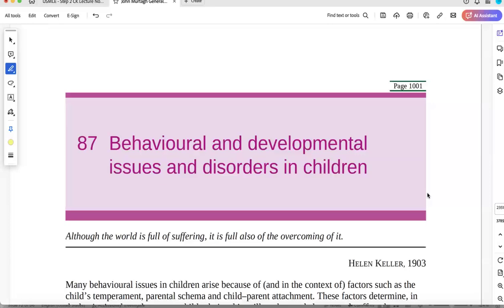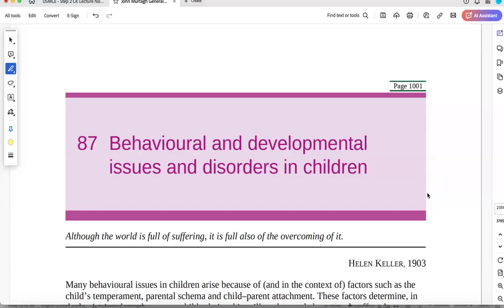Then we have Roseola infantum. Roseola infantum comes with a sudden high fever, 40 degrees Celsius. The fever subsides and then the rash appears. What else do we have? Scarlet fever: sore throat, followed by a rash 12 to 24 hours later. It has a sunburned appearance and is mainly prominent in the skin folds, with strawberry tongue and perioral pallor.